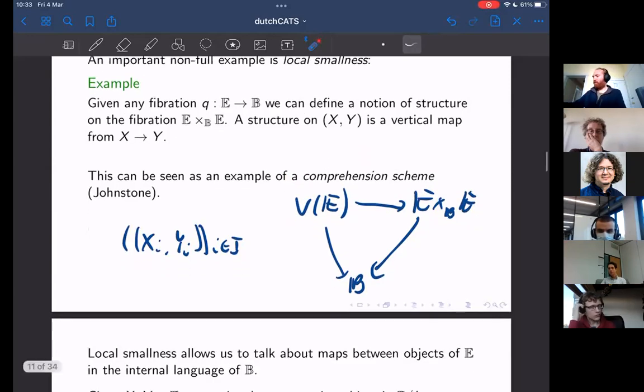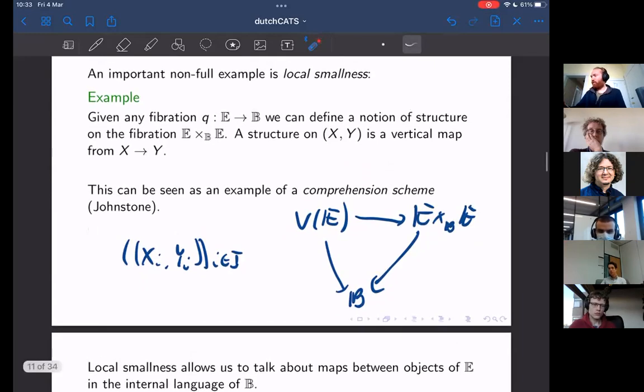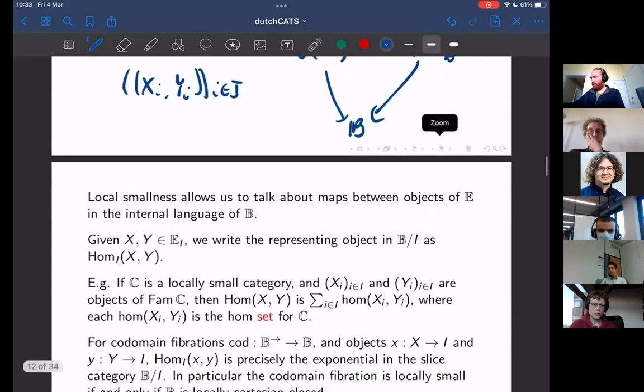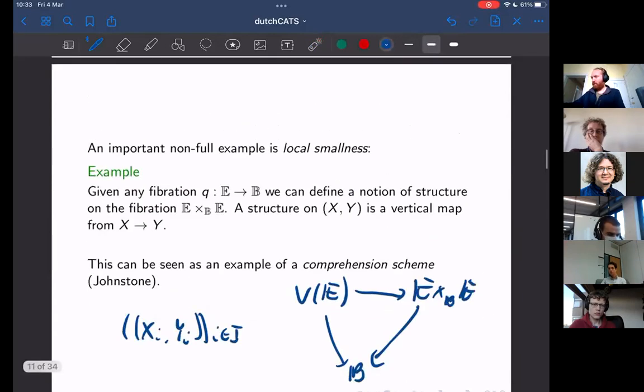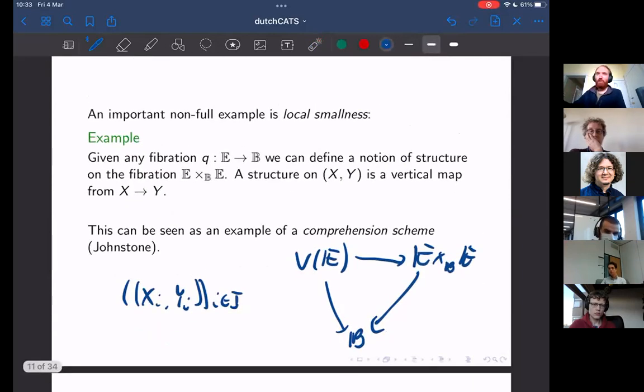So this is not always definable, but if it is, we say that the fibration is locally small.